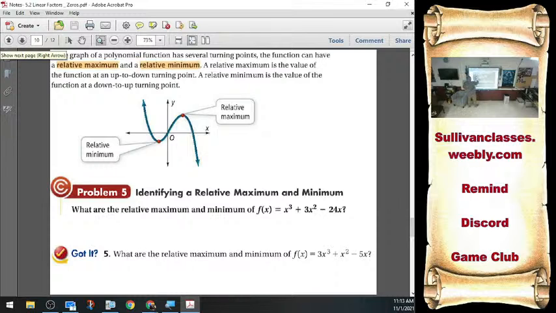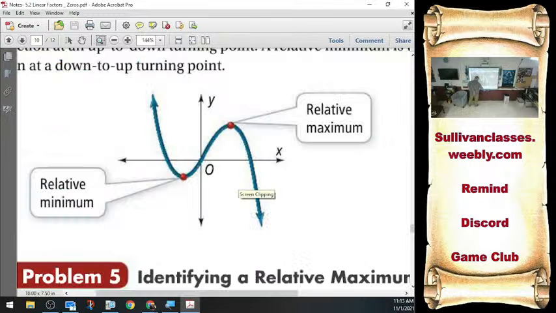Okay? I call these relative because this is not the highest that it ever goes. It's only the highest that it ever goes in that area.